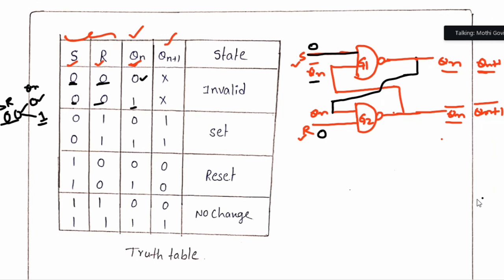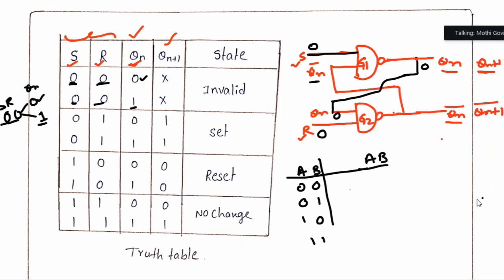Here I am giving 0, and I am assuming Qn equal to 0. So this 0 is coming here. Before that, we should understand the NAND gate output. A, B: 0 0, 0 1, 1 0, 1 1. First, for understanding, we'll take the AND gate.